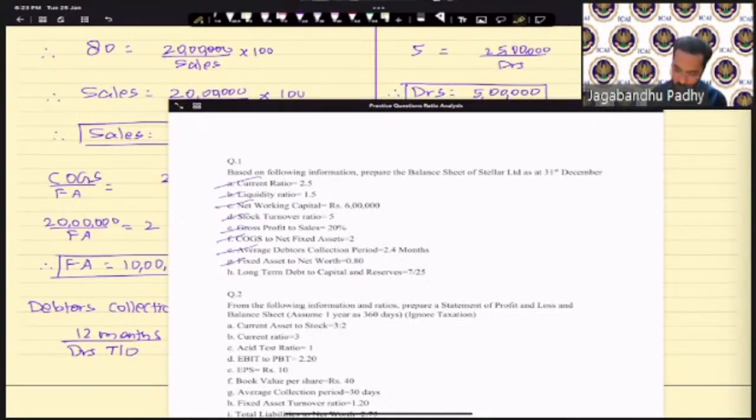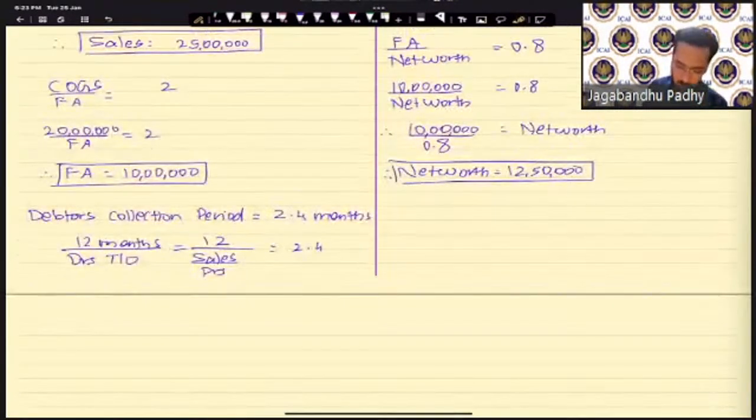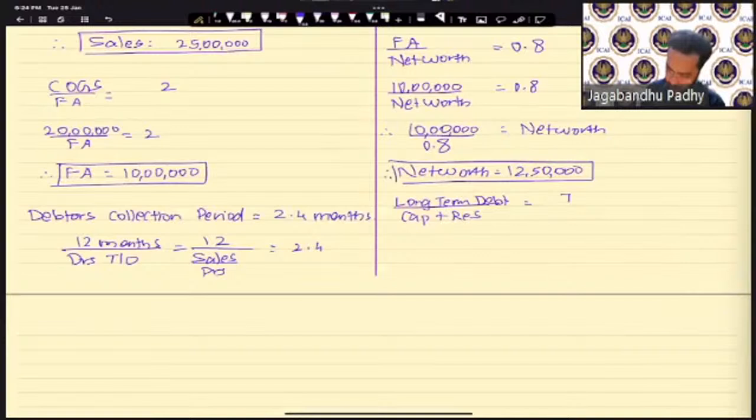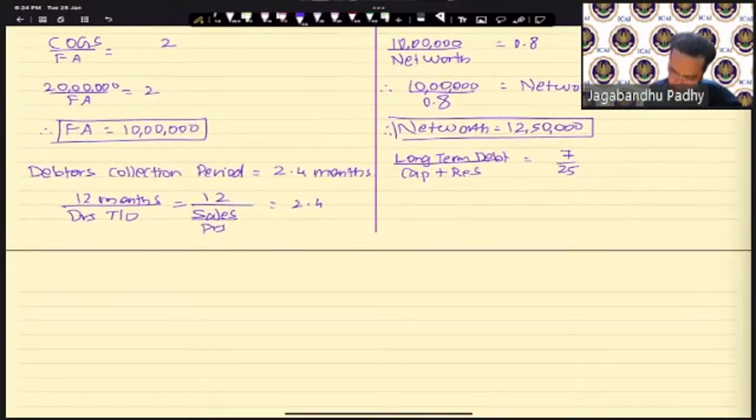Now only the last ratio is pending, which is long-term debt to capital and reserves. So it is long-term debt upon capital plus reserves, that is given to be 7 by 25. So long-term debt we don't know. Capital and reserves, we know it is 12 lakh 50,000.